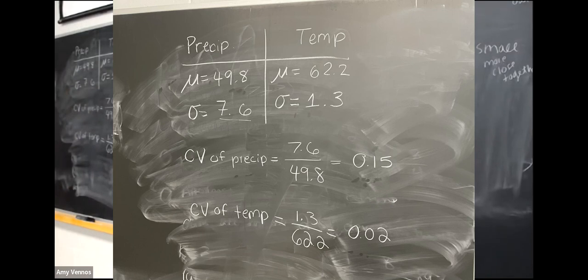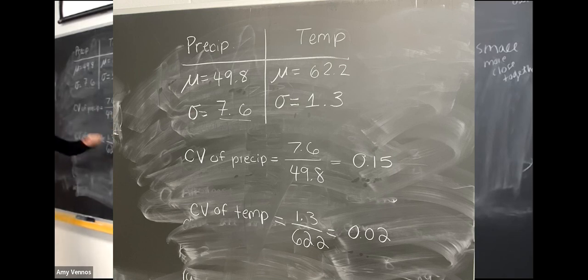Let's take a look at these two numbers. The means of the precipitation and the temperature were about the same, right? So there's not much difference in the means. But now we have a really small coefficient of variation for the temperature and a little bit larger coefficient of variation for precipitation.